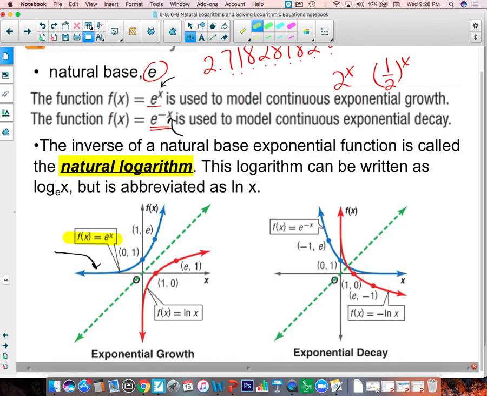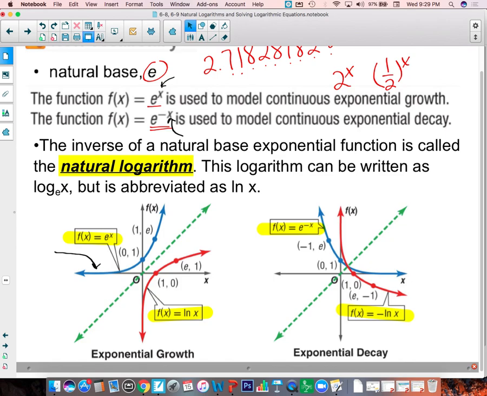And then e to the negative x, that's your decay function. That should also look like something we've done before. And then also graphed on here are the inverses, because these graphs kind of look crazy, but they just graphed natural log of x, which we've graphed logarithms. They look just like that red line. Okay, and then negative natural log of x. We've graphed stuff like those before. So those are just two new things, but they're pretty much what we've done before.